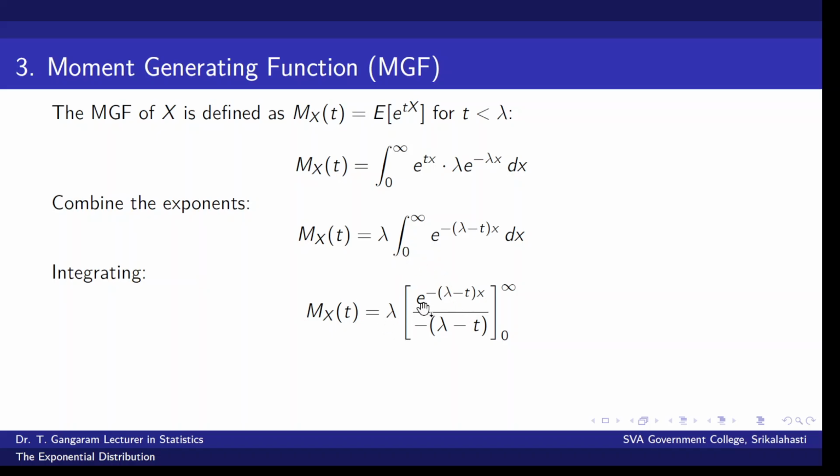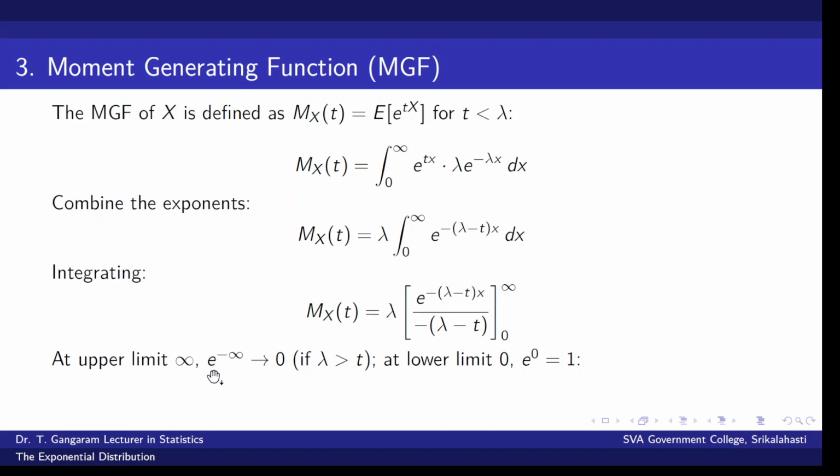Lambda already comes out, e power minus lambda minus t into x, by minus lambda minus t, over the range 0 to infinity. At the upper limit, e power minus infinity becomes 0 for all positive values of t, and at the lower limit 0, e power 0 is equal to 1.